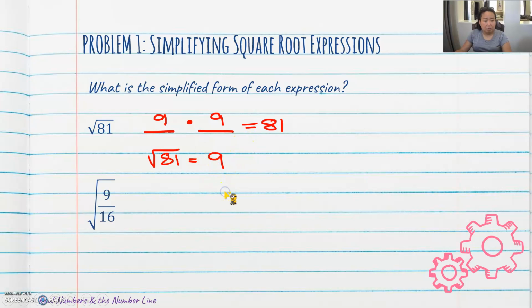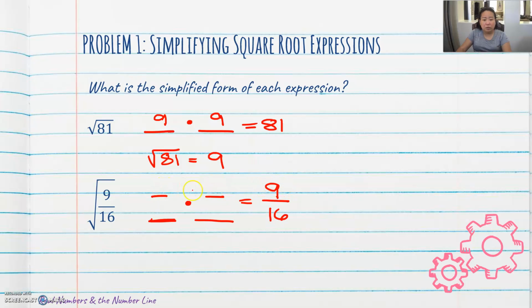All right, moving on to the next one. We have the square root of 9 over 16. So try to think, in this case it's a fraction, what fraction, if you multiply to itself, will give you 9 over 16? Remember in multiplication of fractions, numerator times numerator will be the product here.